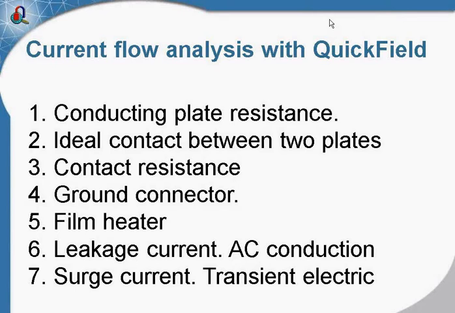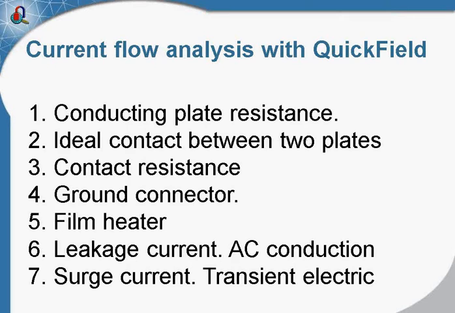The first task is the conducting plate resistance calculation. Then we will analyze the ideal contact between two plates and will calculate the contact resistance in case of non-ideal contact. We will also simulate the ground connector.